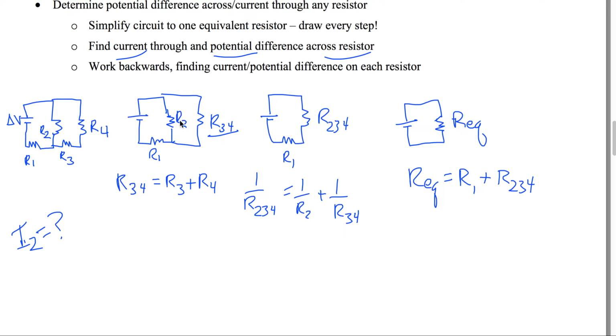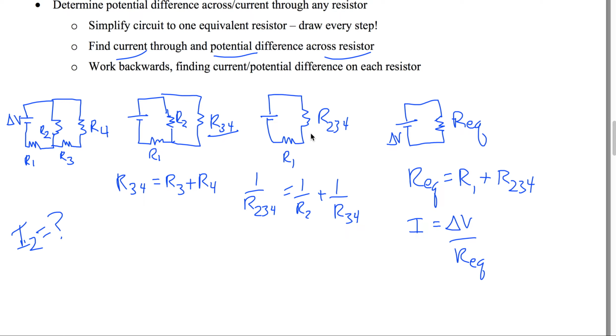We're interested in R2. Over here we have delta V, whatever was given. So we can find the current in this circuit: it's delta V over R equivalent. If you do this underneath this last circuit, you can always use the values you just calculated above. You don't have to go searching for values.